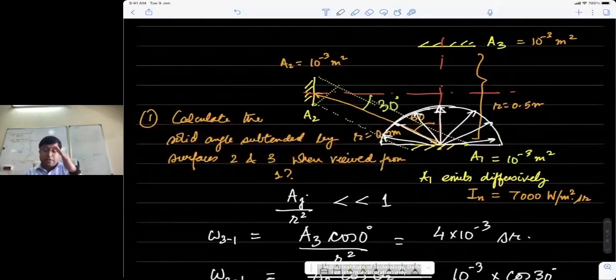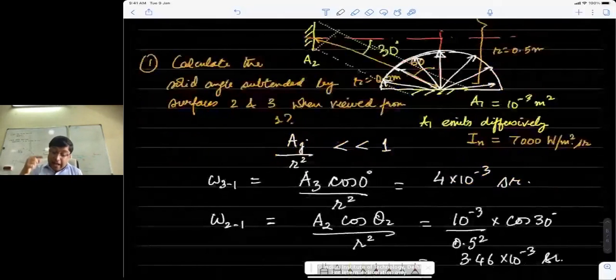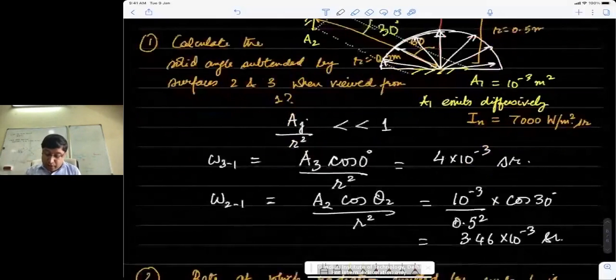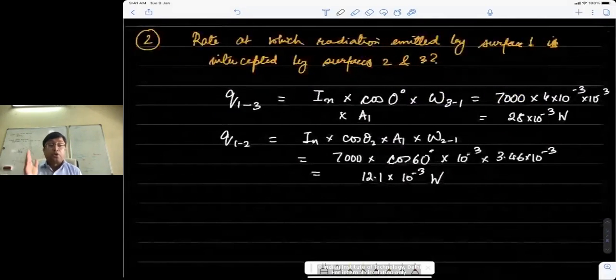But the projection comes in only when these areas have normal vectors at an angle to each other. When they are at an angle, these two areas cannot see each other completely. They will only see projections of each other. And because the intensity is defined in terms of projected area, we use this cosine theta 2 here, into A1, which is the projected area of A1, not the absolute area.